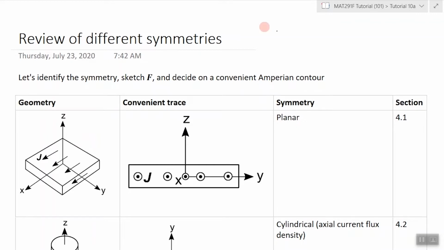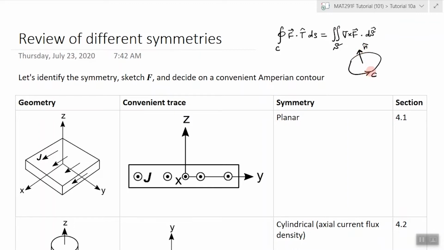Now let me remind you that Stokes' theorem looks like this. You have your contour integral of a vector field equal to the flux of the curl of the vector field F through the surface S, where the surface S needs to have the same orientation as the contour by the right-hand rule.